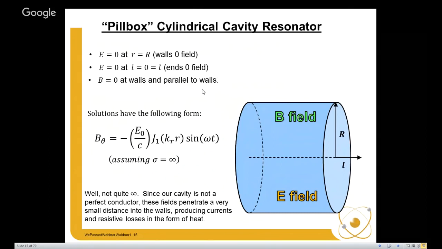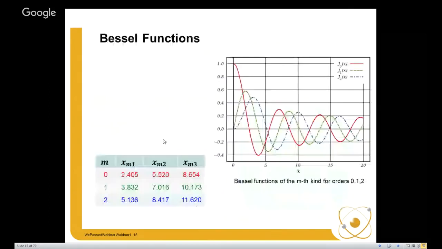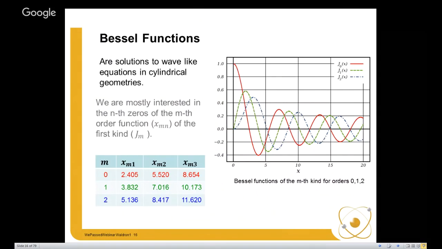If I want to propagate a wave in this cylindrical geometry, my solution is going to have a Bessel function in it. And I'm going to jump ahead here and remind everyone that Bessel functions are simply functions that allow us to deal with waves in cylindrical coordinate systems. And we're mostly interested in the zeros of the Bessel function.